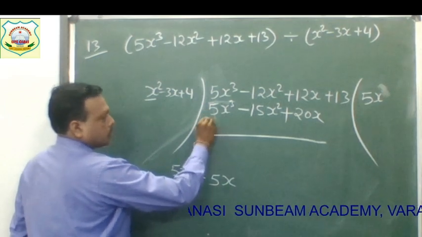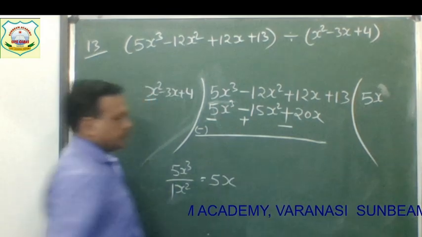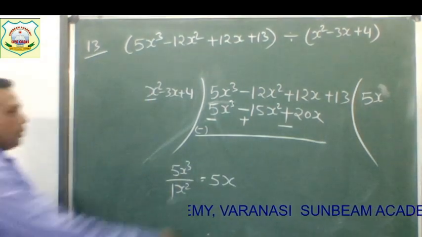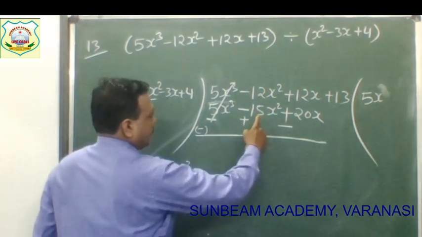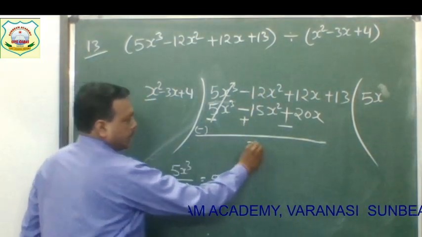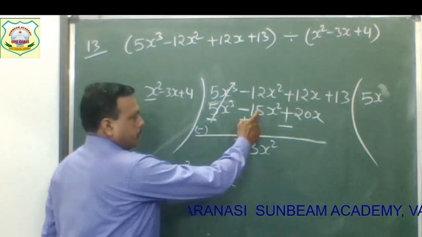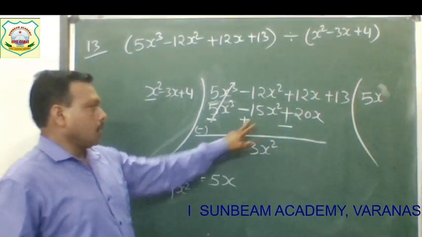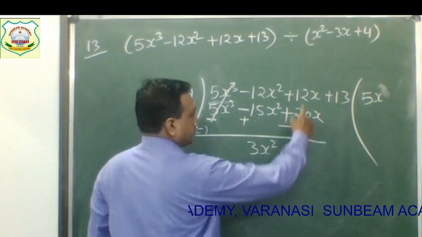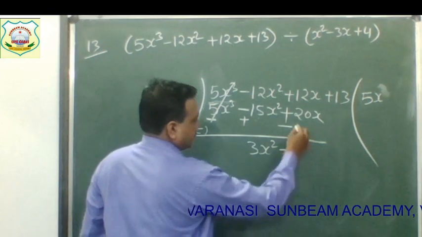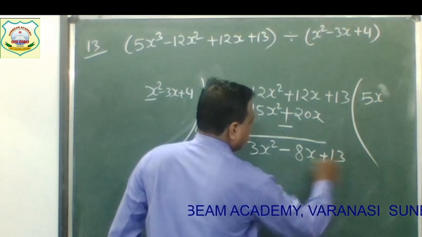It is a plus, so minus, minus is here, so plus is here, minus. Clear? Now minus and plus, cancel, plus, minus. So minus 12 minus 15 plus 15, so 3x square will come. 15 minus 12, 3. And sign is of the greater 15, so plus. Next one is minus 20x plus 12x, so minus 8x. Minus 8x plus 13.